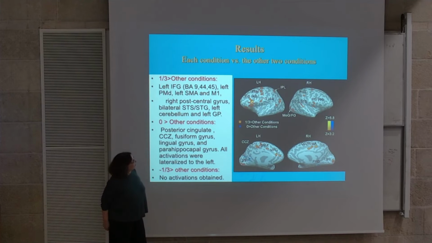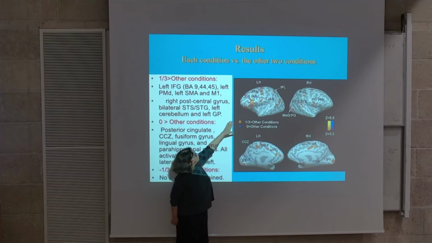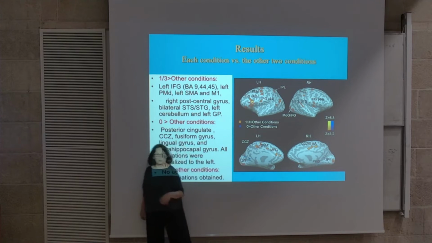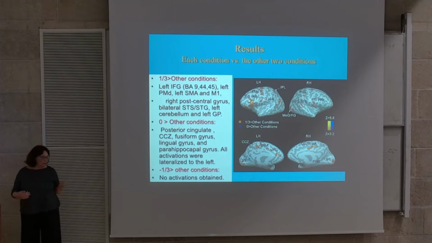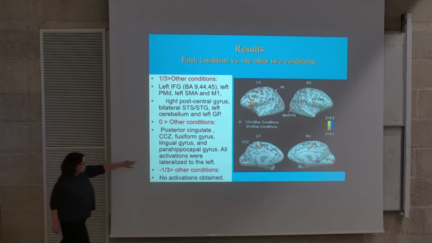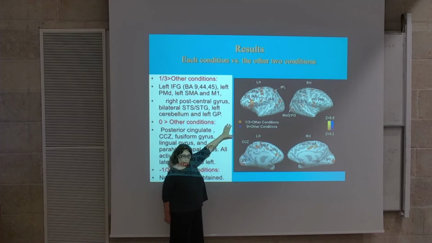And we saw that when you have a 1/3 power law, the natural way for ellipses, for example, you get a big network of motor areas, including the mirror neurons, the motor cortex, the PLB, the cerebellum, and the basal ganglia that respond more strongly to the natural laws of motion. Not only visual, but you have very few areas, only in the parahippocampus, that really like the constant velocity, which means that these are motor areas.